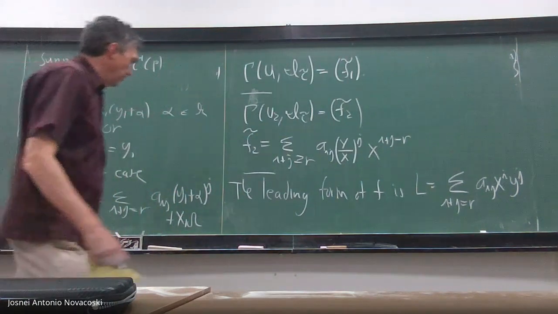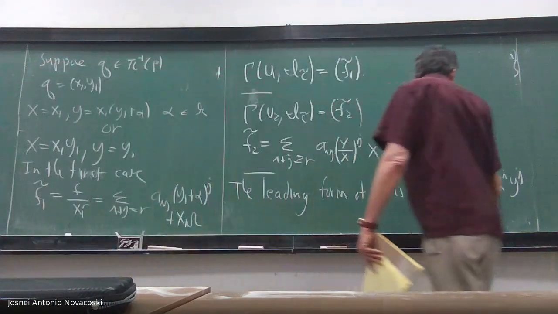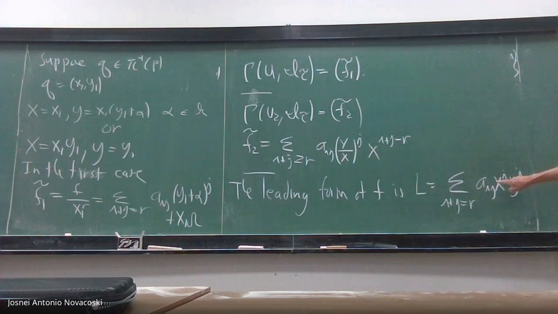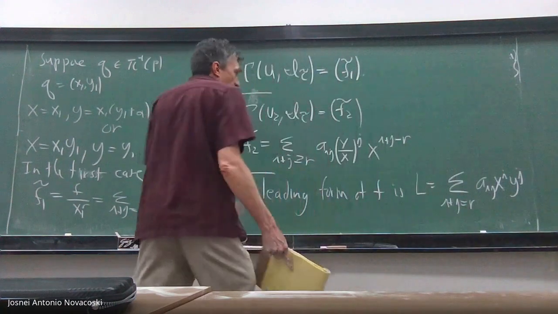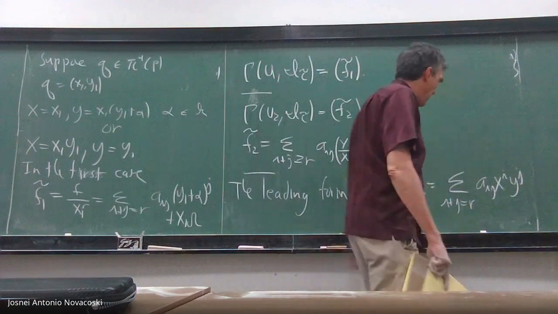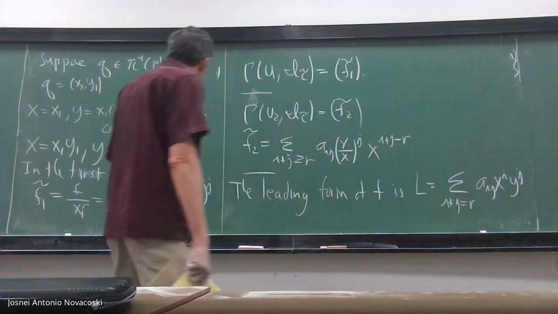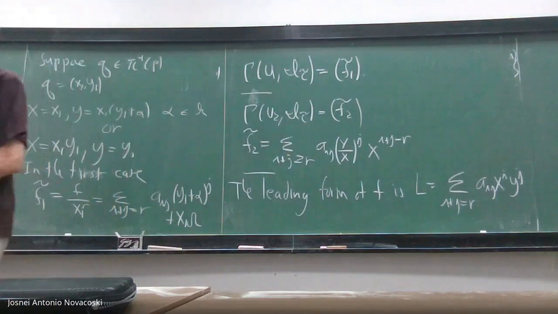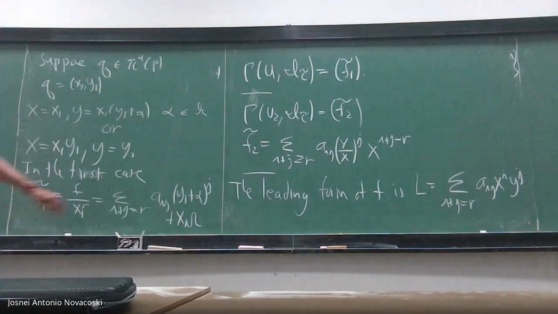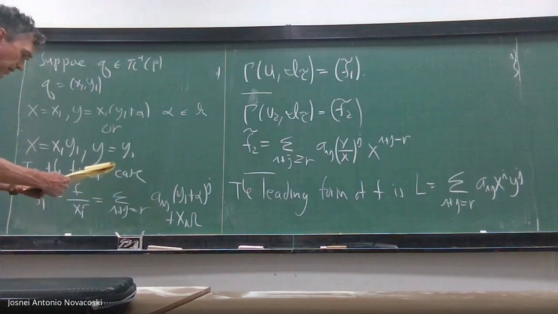So what one does is that for the terms in here, if you make the substitution and then you pull out x1 to the r, then the x just completely vanishes and you end up getting this. And then in the higher degree terms, everything is going to be divisible by x1 to the r plus 1. You're only dividing out x1 to the r, so it'll be something like this.